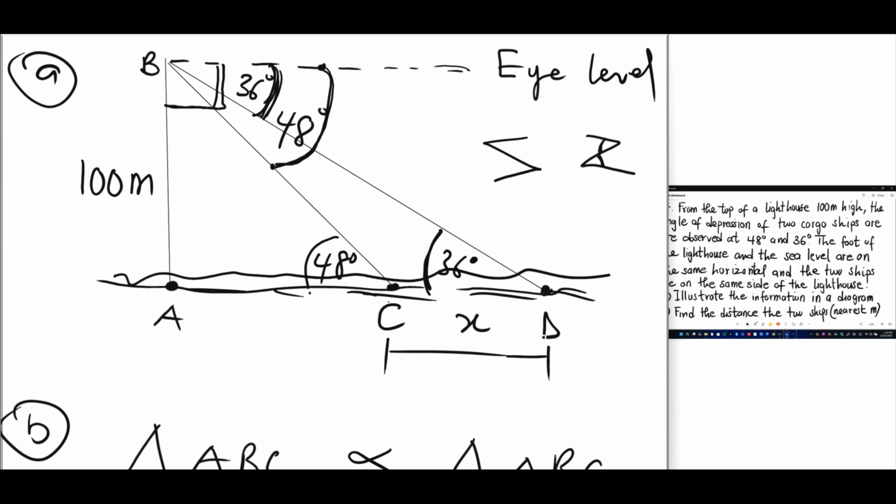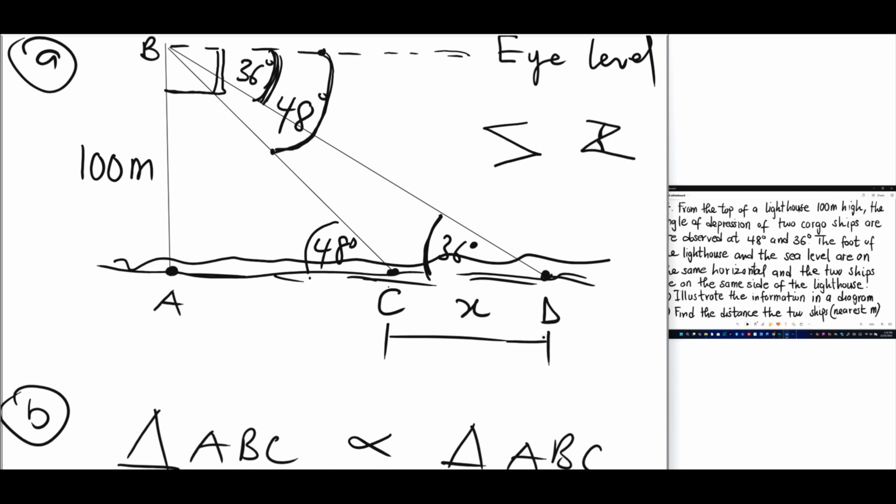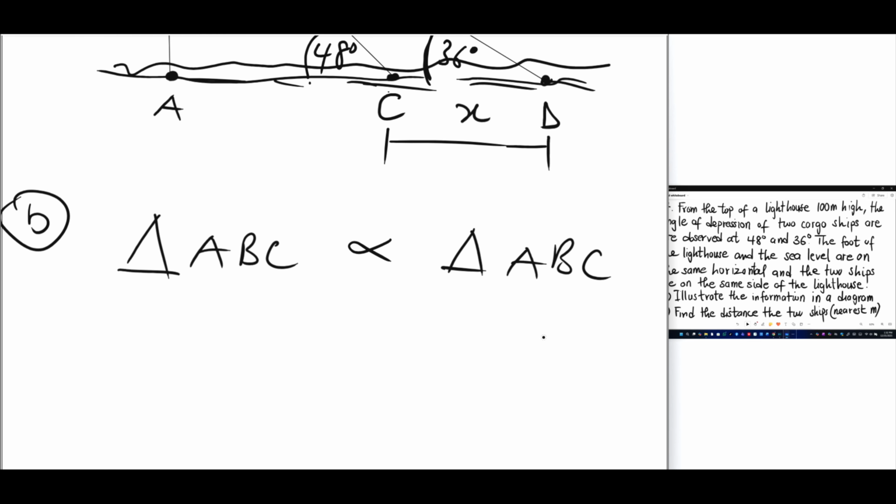And the bigger triangle has the base as AD. And the AD comprises AC and CD. So you need to find AC first using the smaller triangle, that is triangle ABC. We always deal with right angle triangles so that we can apply either Pythagoras theorem or one of the trig ratios.